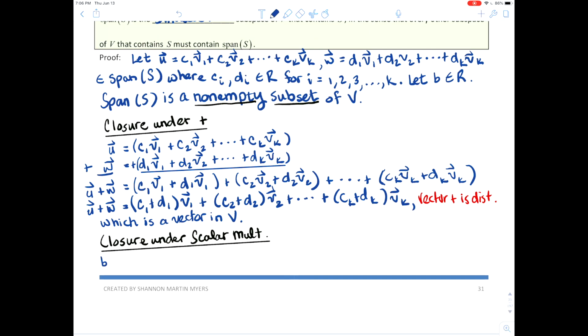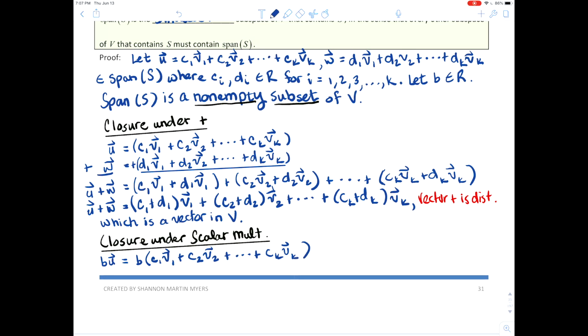So b times our vector u is equal to b times c1 v1 plus c2 v2 all the way down to ck vk.